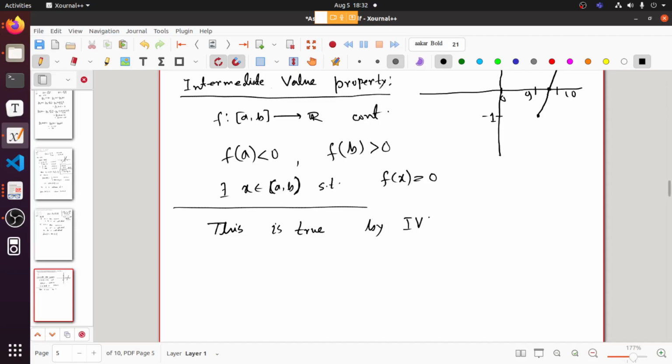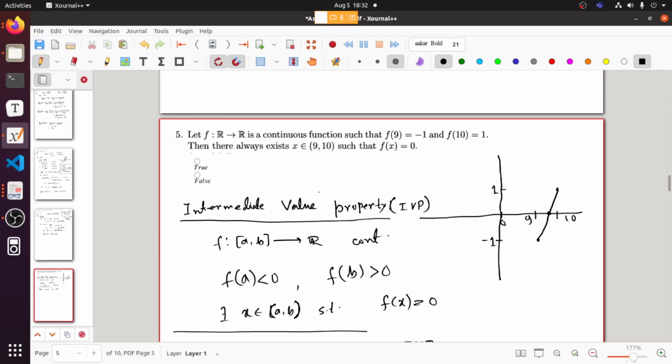By IVP. In short, we will write IVP. So we get some point between 9 and 10 such that f(x) is 0, right? So this will be the point x. So this is true.